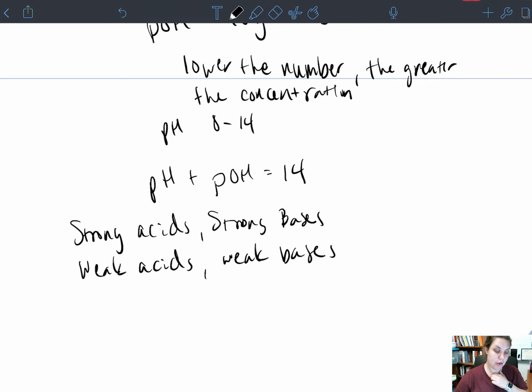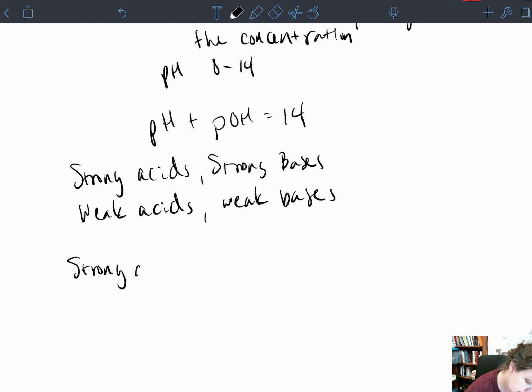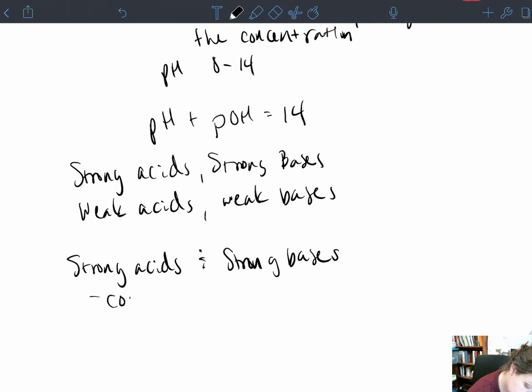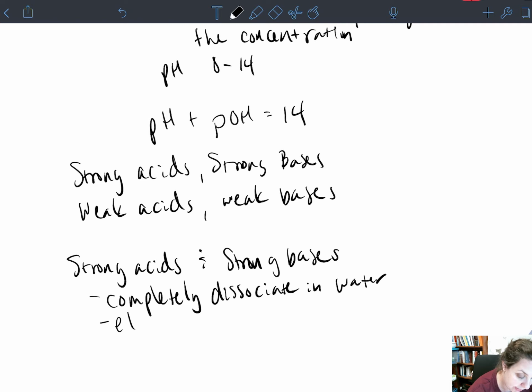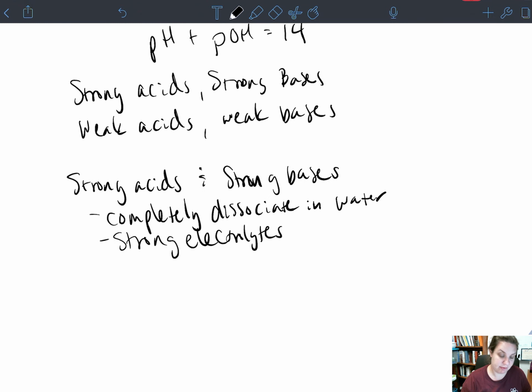So with strong acids, generally, I'm going to give you guys a list of the strong acids, but strong acids and strong bases are going to be substances that completely dissociate in water. Okay, so they're going to completely break down. We call these electrolytes, specifically strong electrolytes. So they're going to behave just like my ionic compound does.